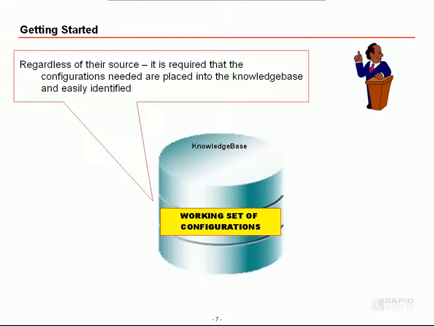There could be from previous projects, there could be supplied with the tool, there could be reverse configurations from a variety of instances, but this particular set we want to work with right now and use that to configure an Oracle instance somewhere. So they become our working set, and we're going to tag all of those configurations with a name that we can easily identify that is our working set.